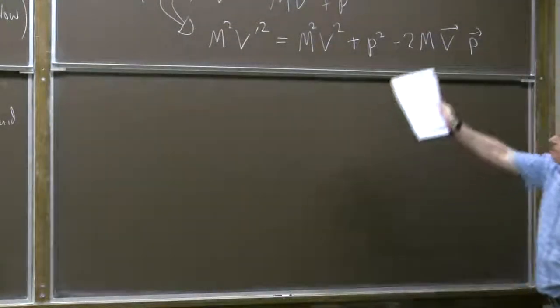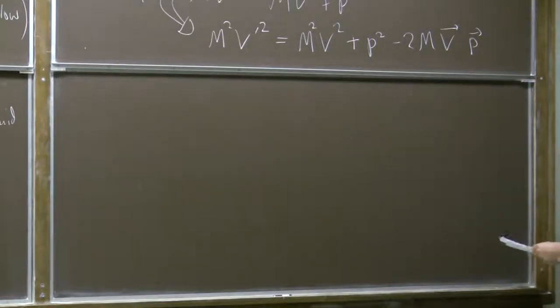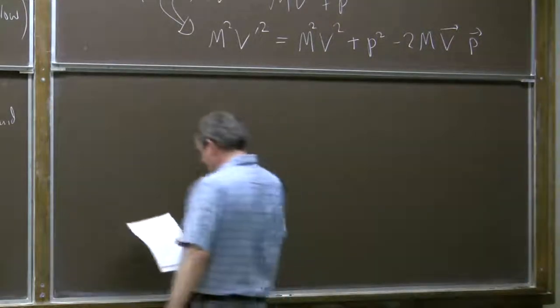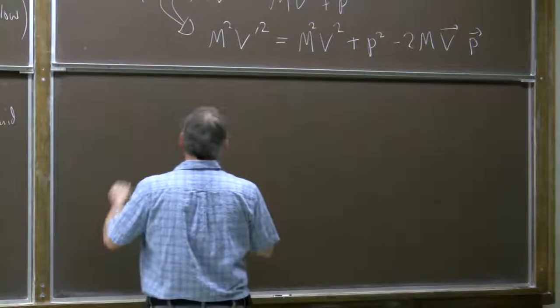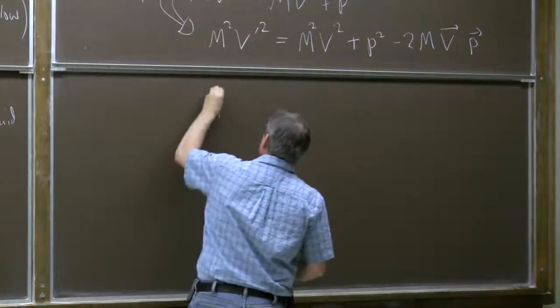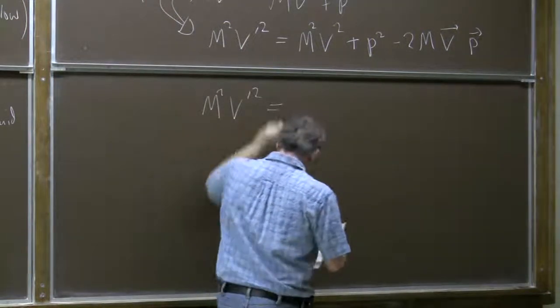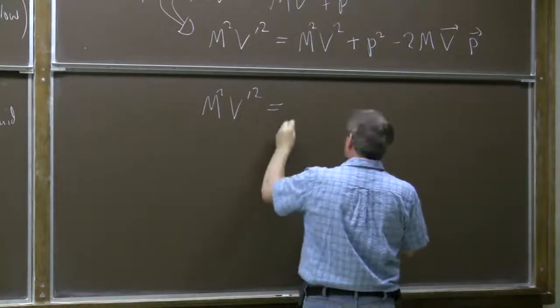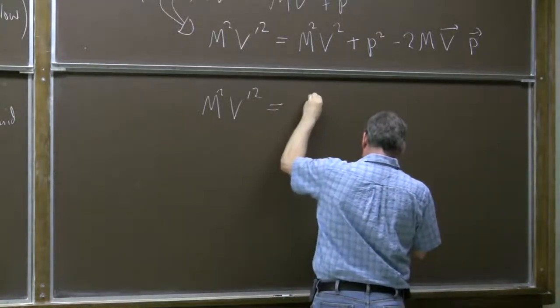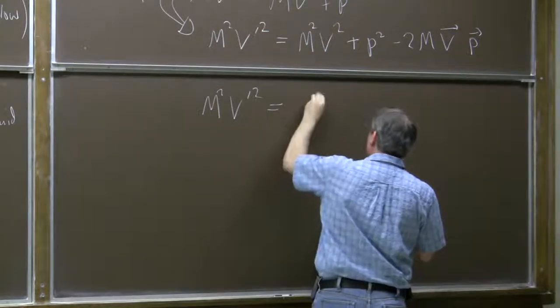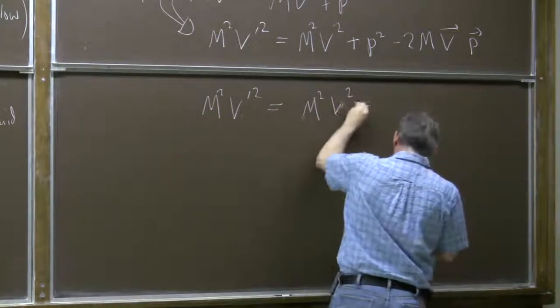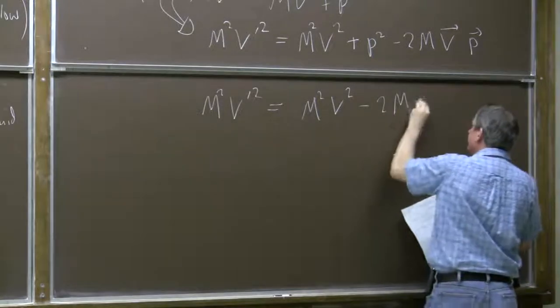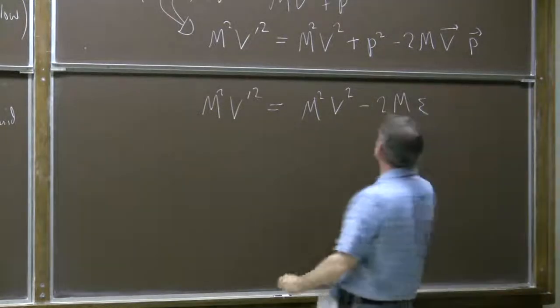So if I multiply both sides of that equation by 2m, and then isolate m squared v prime squared on one side, m squared v prime squared is equal to m squared v squared minus 2me. Okay?